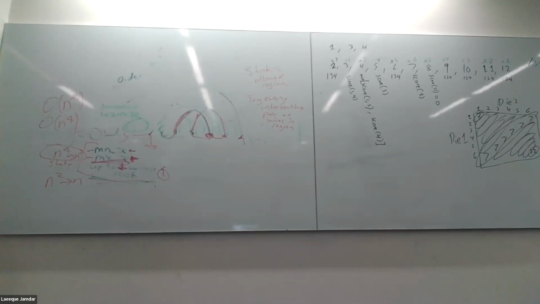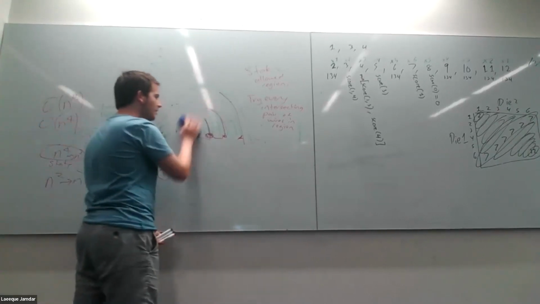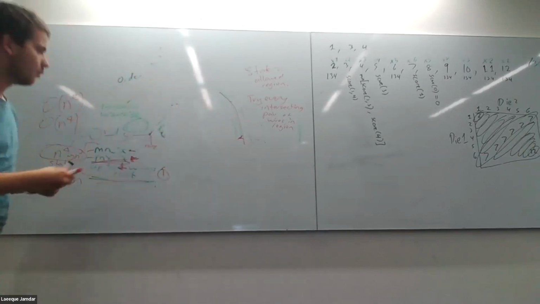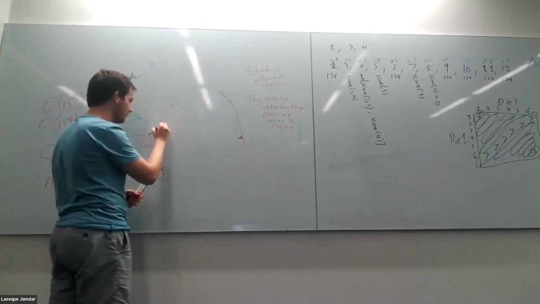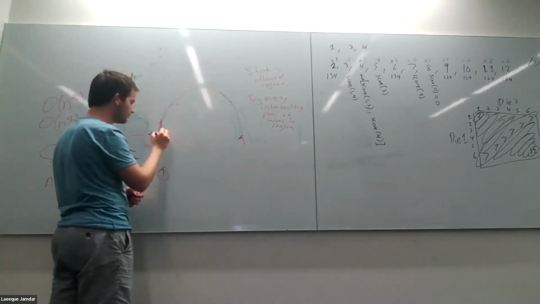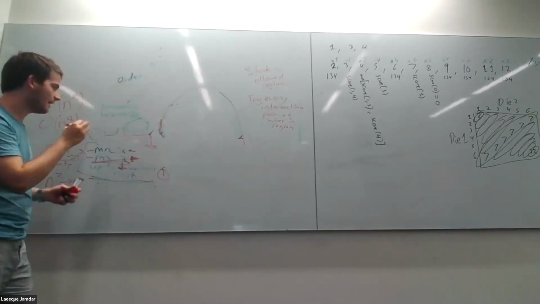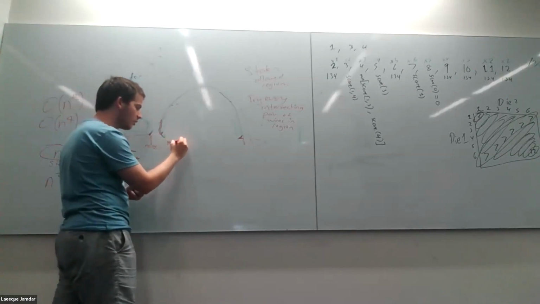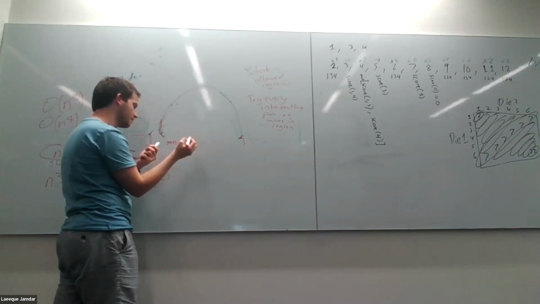The second thing I'm going to do to reduce this recurrence from n squared to n is I'm going to make quite a bold assumption. I'm going to assume that whatever wire we pick to include in our solution precisely starts at coordinate minimum x.